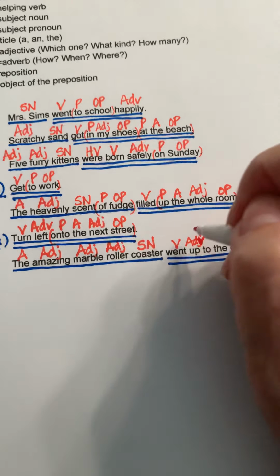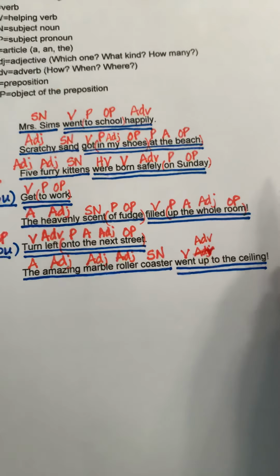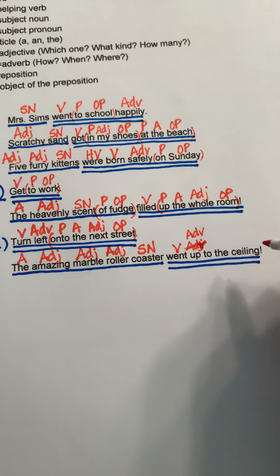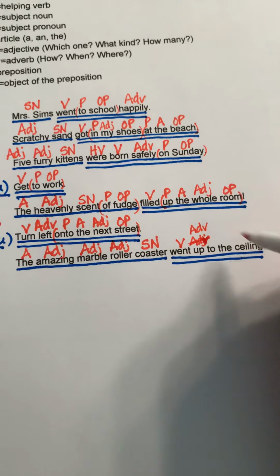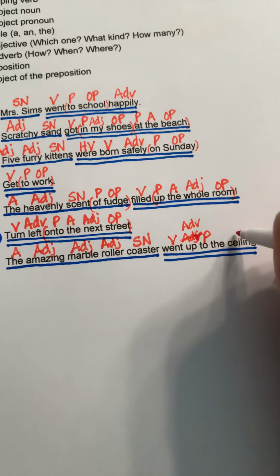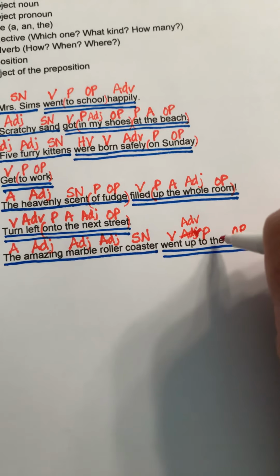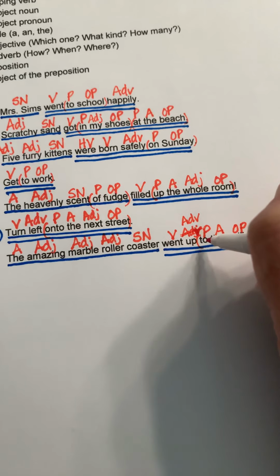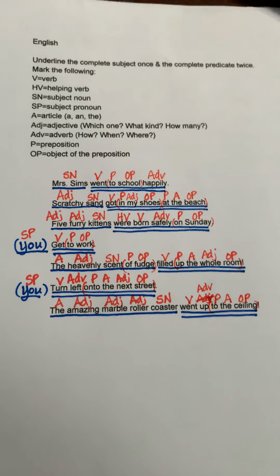Up, and so it's an adverb. I'm gonna write that again just to make sure you can tell. So that's an adverb. But to is one of our little words that can be a preposition. To what? The ceiling. It does have an object. So then we can make that our preposition. And then the is an article. So to the ceiling is prepositional phrase. Okay, great job.